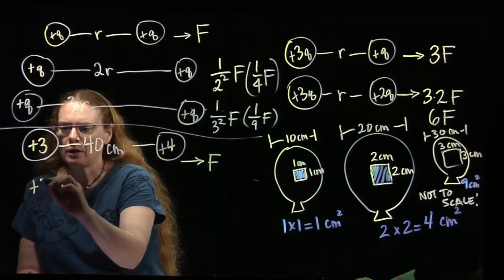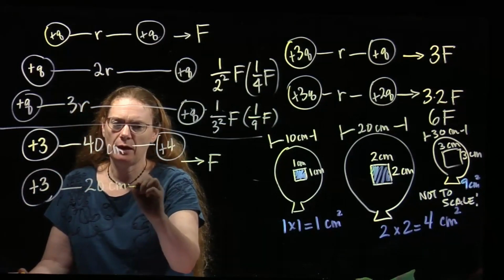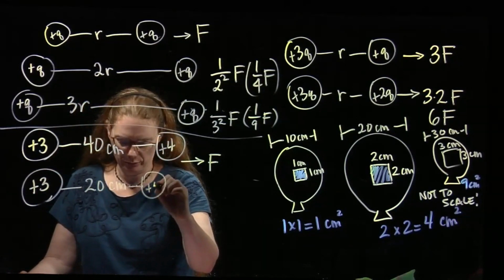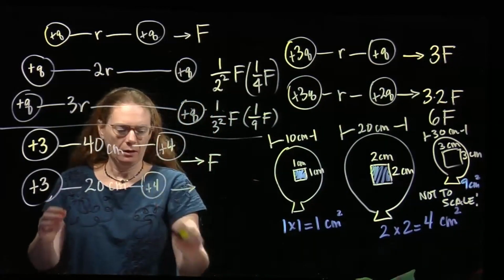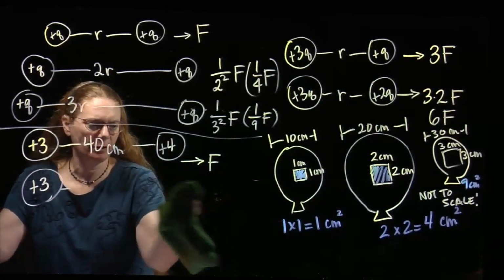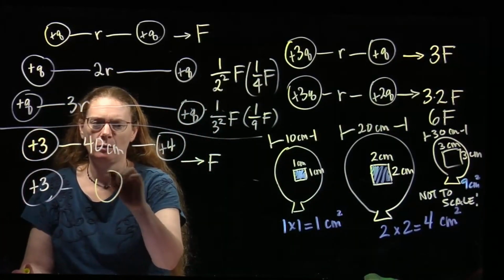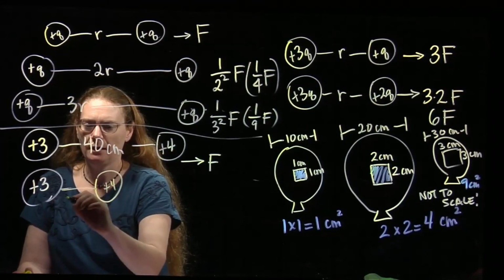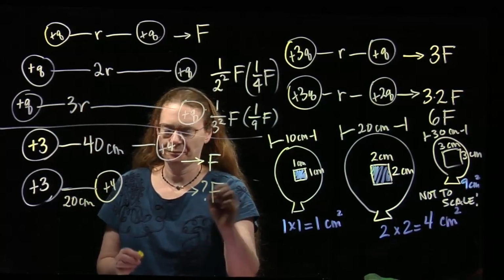What if I have the plus 3 and I move it down to 20 centimeters? So now we're twice as close. What's that going to do to the force? I'm going to redraw it so that it's a little more to scale, because I think it's easier to make sense of. So now the plus 4 is here, and we're 20 centimeters apart. What's going to happen to my force?